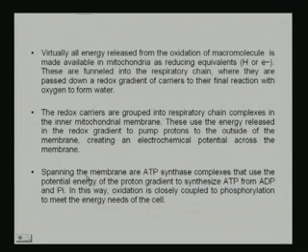Spanning the membrane are ATP synthase complexes that use the potential energy of the proton gradient to synthesize ATP from ADP and inorganic phosphate. In this way, oxidation is closely coupled to phosphorylation to meet the energy need of the cell.